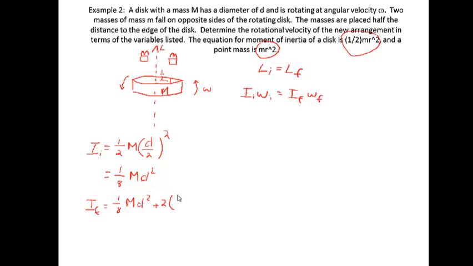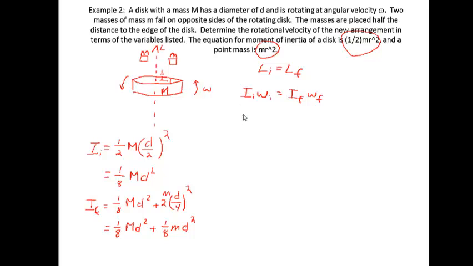So I'm going to put D over 4, squared. Let's simplify all this algebra: you get D over 4 squared, that's D squared over 16, times 2 is 1/8. Oops, I forgot the mass, that's a little m. So 1/8 little m D squared. That would be the new moment of inertia when these two masses are on here.